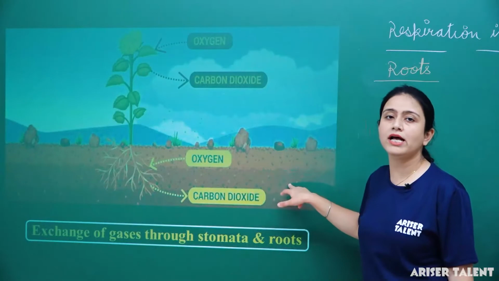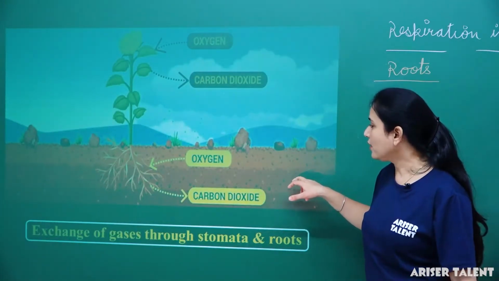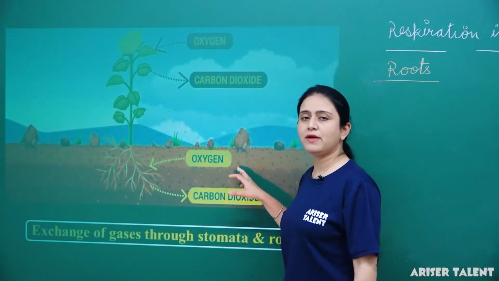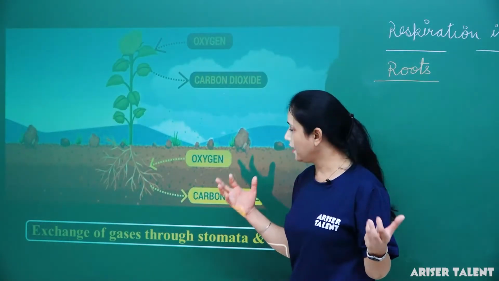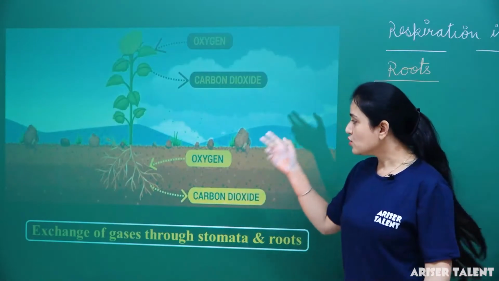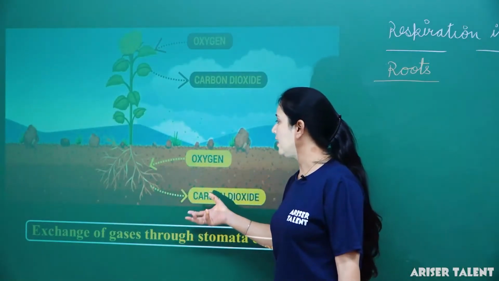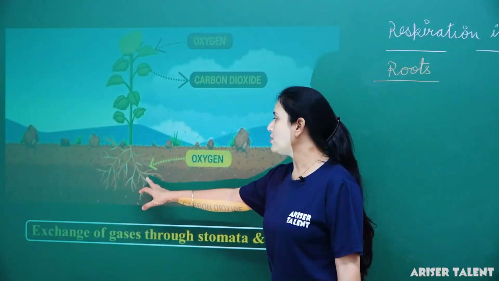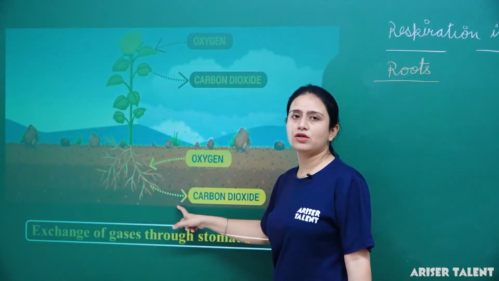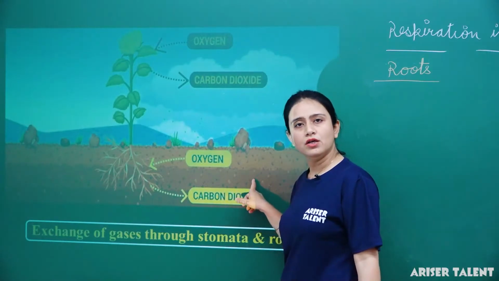Soil also has interspaces. These particles have some spaces, then these spaces are occupied by the air, and air contains oxygen. So these plant roots intake the oxygen from that soil. Then by the process of respiration, again carbon dioxide is released into the soil only.